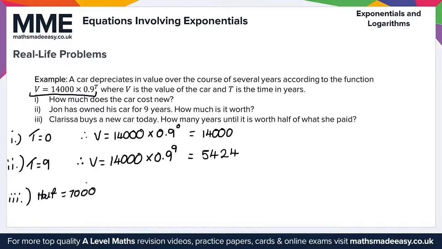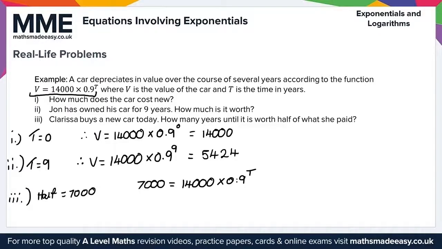So we're looking for how many years until it's worth this in value. So in that case, we need to use the fact that v is equal to 7,000 and then solve our equation here for t. So what would that look like? Well, in that case, we're saying 7,000 is equal to 14,000 times 0.9 to the power of t there. Okay, and now we're just going to solve for t here. So in that case, we can divide both sides of this equation by 14,000.